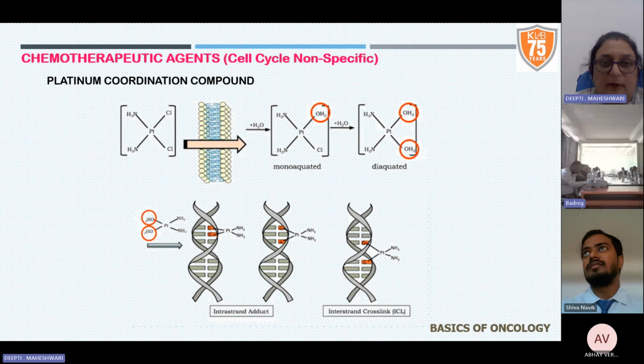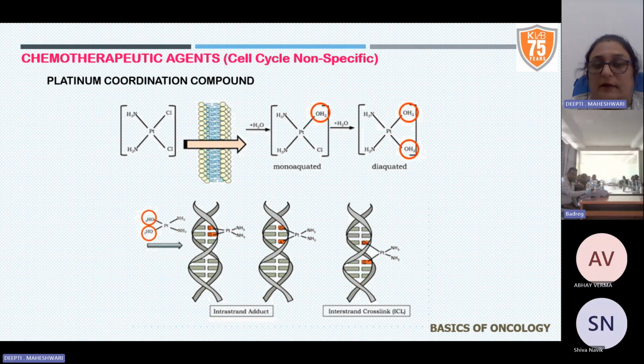When these platinum compounds come in contact with H2O, that is water, they get hydrolyzed and release hydroxide.